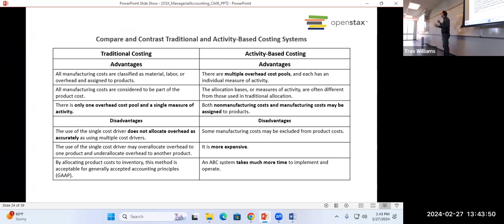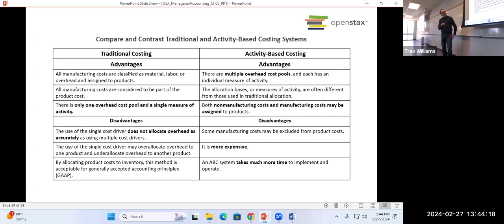And because you have only one estimate and only one activity, it's not a very accurate approach. On the other hand, with ABC, because you have multiple pools of overhead and multiple activities, you're more precise in how you apply your overhead cost. It's going to be the same amount of overhead either way, right? It's just how you divide it up among your different products.